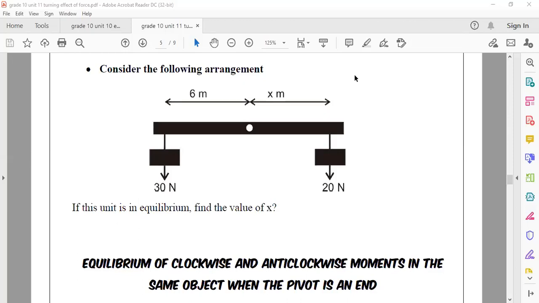Adib, wrong answer. Right. So how much is the x value? 9 meters.